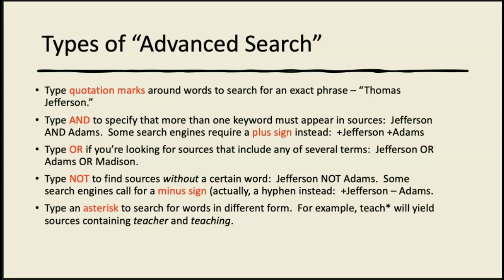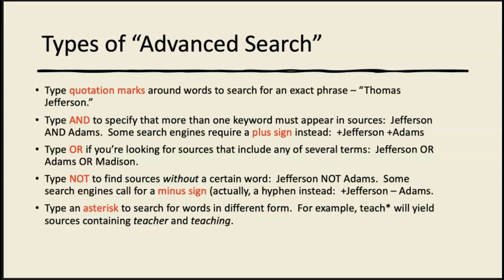NOT, to find sources without a certain word. Now, I think if you've done any research before, you've had the experience of, I'm researching Jefferson, but it just keeps kicking up these results that include Adams. And maybe I don't want to talk about John Adams in my paper about Jefferson.